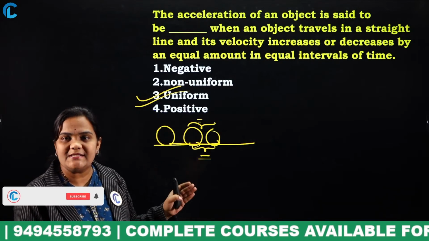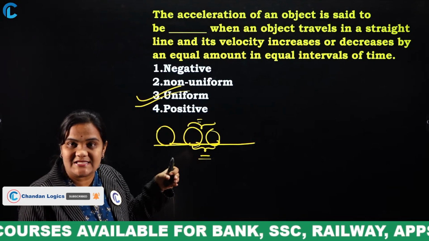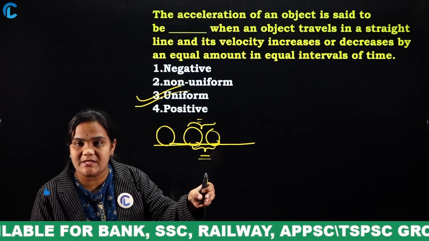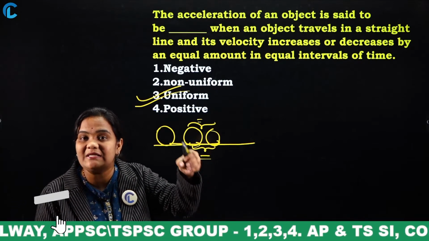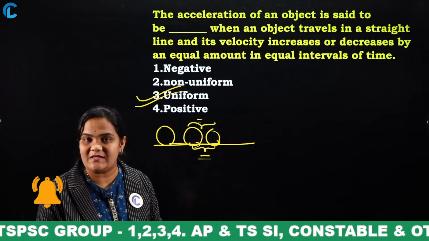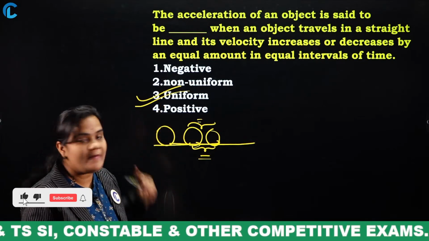Okay? What is it saying? A certain object is traveling such that its velocity is sometimes increasing and sometimes decreasing, and this is happening in equal amounts and equal intervals of time. So, what kind of acceleration is it? It is uniform acceleration.